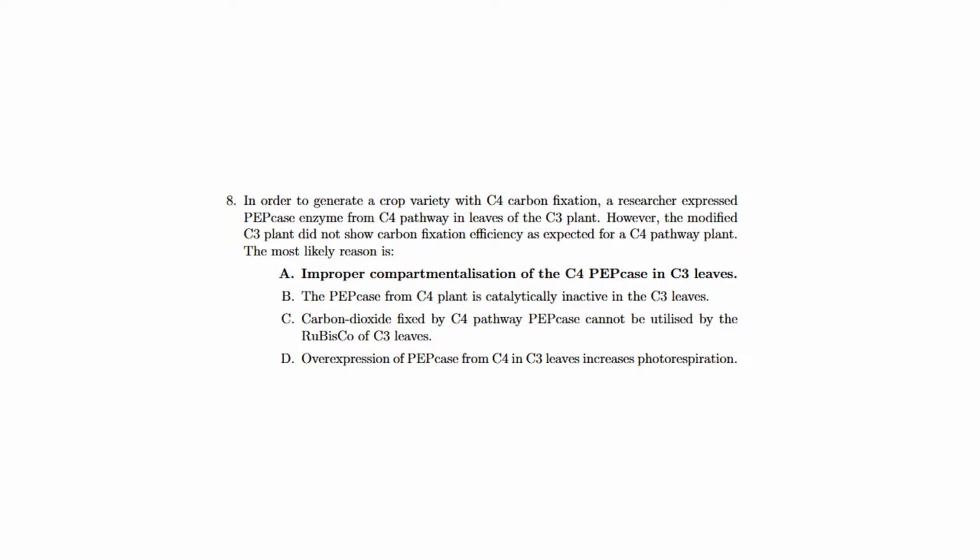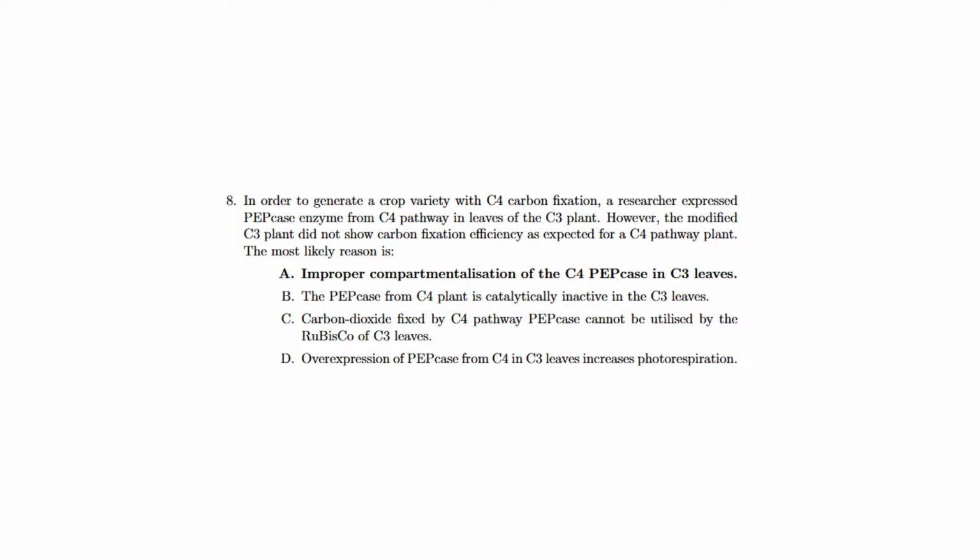The most likely reason, a direct question from NCERT, is that there is a need for compartmentalization for PEPCase to be active. C4 plants have two compartments where the C4 cycle happens.